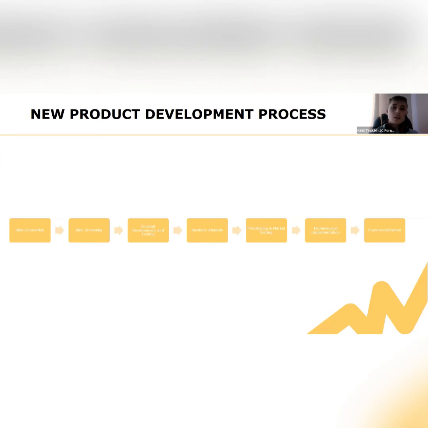Then you need to create a business analysis of your processes. Then create a prototype and test your market and your prototype. Then technological implementation, and then commercialization of your product.